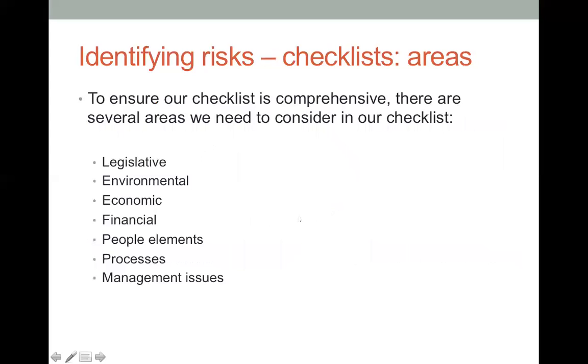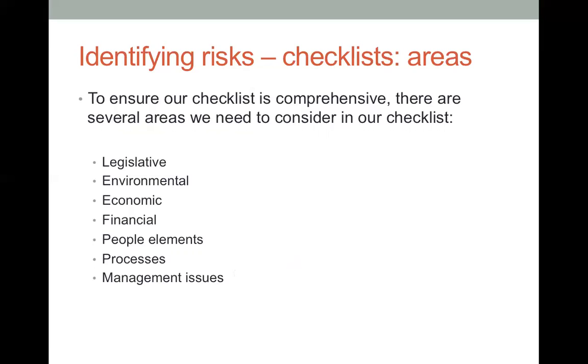Now, from a checklist perspective, there are some other areas that we want to look at. We can also list down the risk from a legislative perspective. Your council, for instance, may come to you and say, I know that the store is now under new management. Let me check whether you have complied with the WHS legislation or not. Let me check whether you have cockroaches, for instance, in your new cafe.